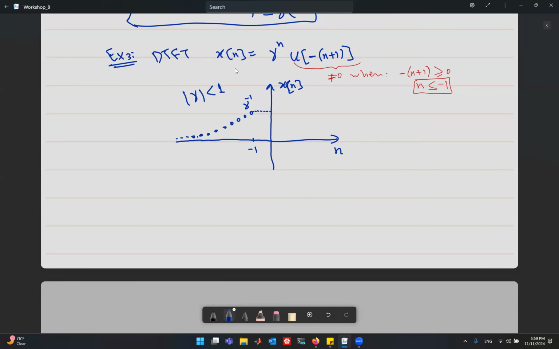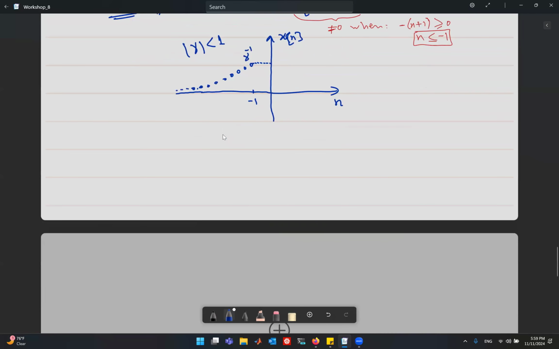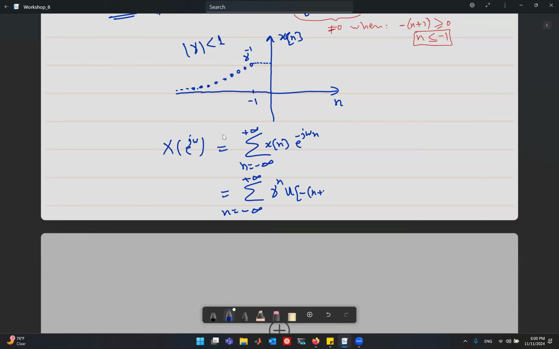Now let's find the discrete time Fourier transform of this non-causal signal. X of e to the j omega is again a summation over n from -infinity to +infinity of x of n times e to the minus j omega n, and x of n in this case is gamma to the n u of minus n plus 1.